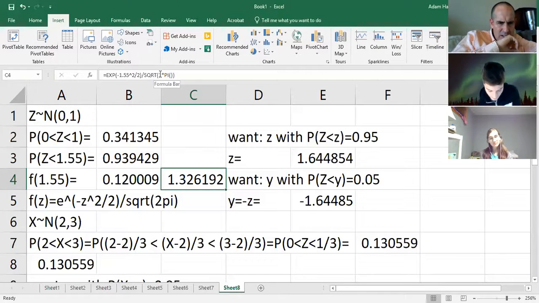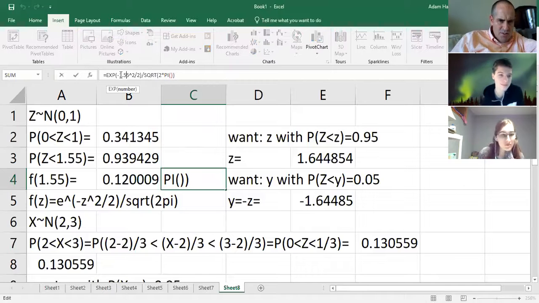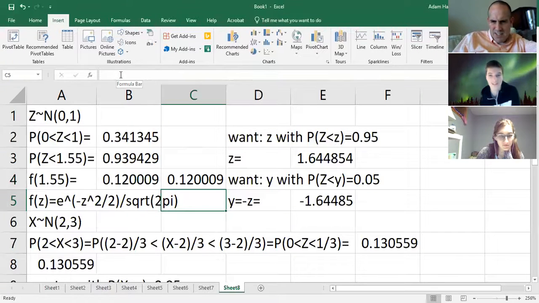Yeah, it's 1 over the square root of 2 pi e. Could it be squaring the negative sign? Oh, then maybe that is what it's doing. There we go. Oh yeah. How weird is that? Why would it do that?